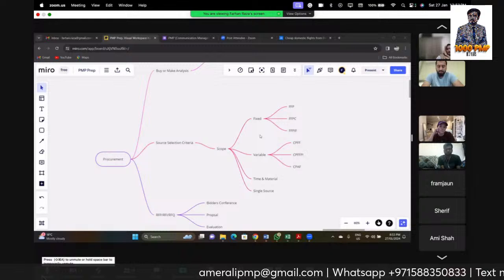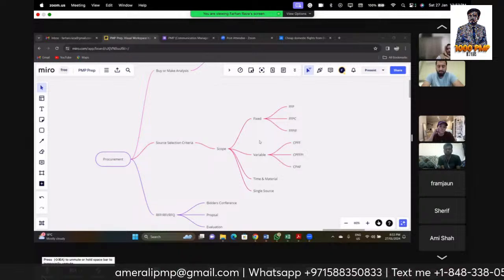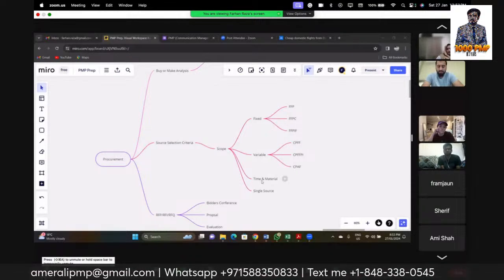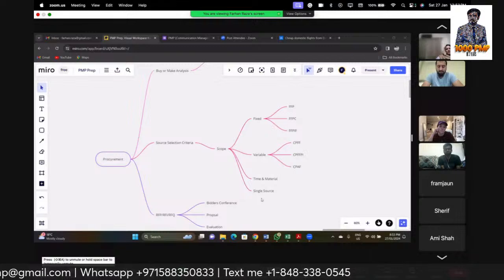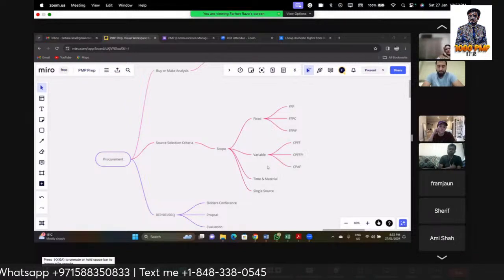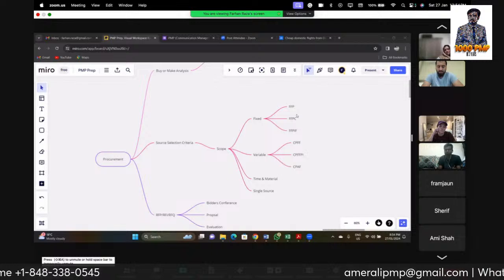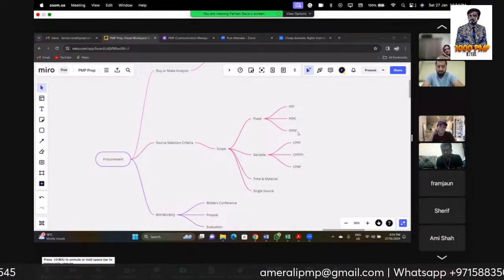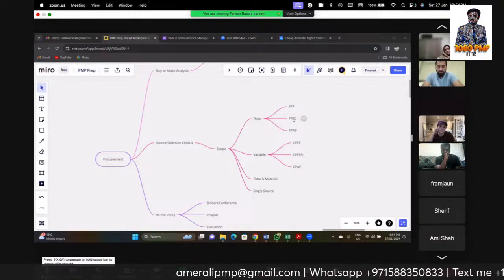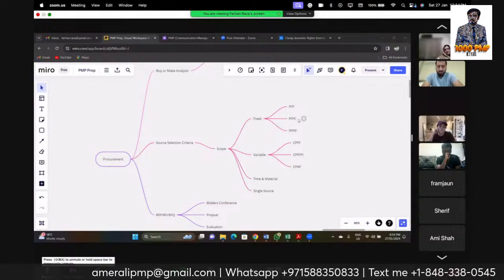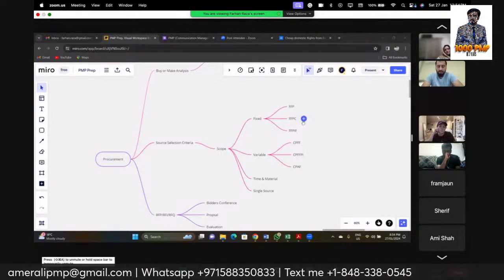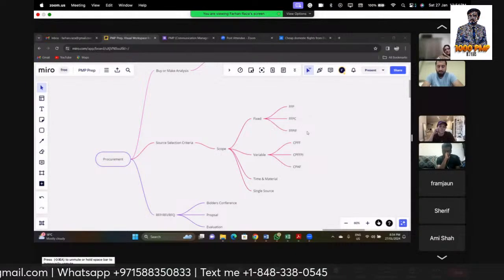So it would be either fixed, variable, or time and material, or a single source with single source documentation. In the fixed, we have firm fixed price, or firm fixed price with incentive fee, or with the award fee.